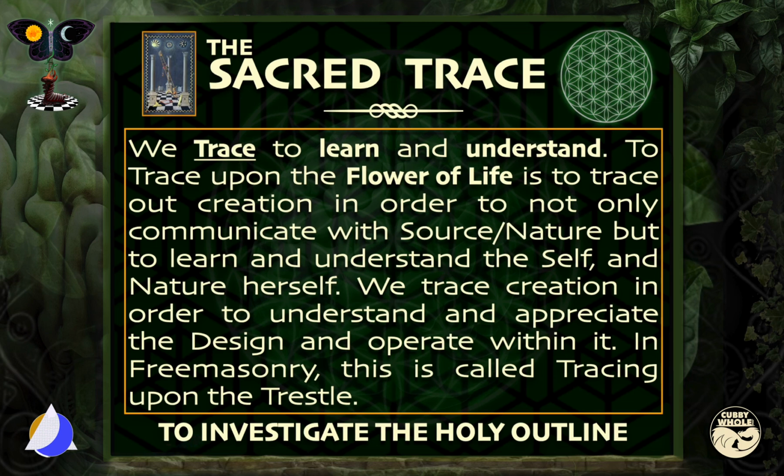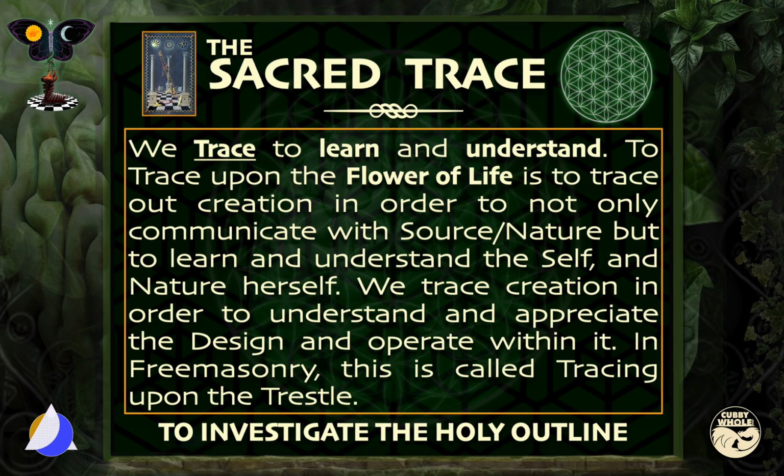And to trace upon something like the flower of life is to trace out creation, in order to not only communicate with source or nature, but to learn and understand the self and nature herself a lot better. So it's about raising consciousness. We trace in order to understand and appreciate the design of the universe and how to operate within it.